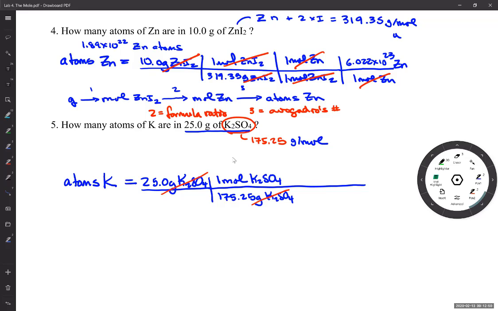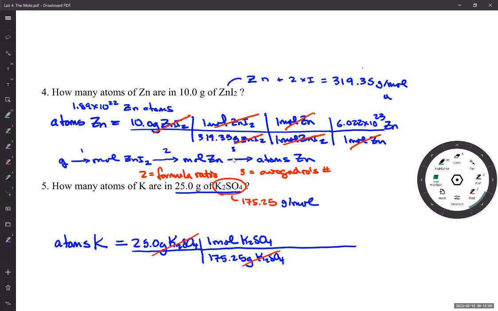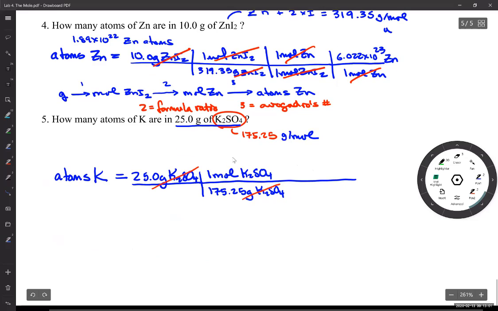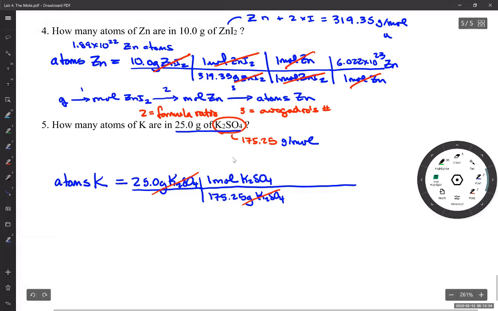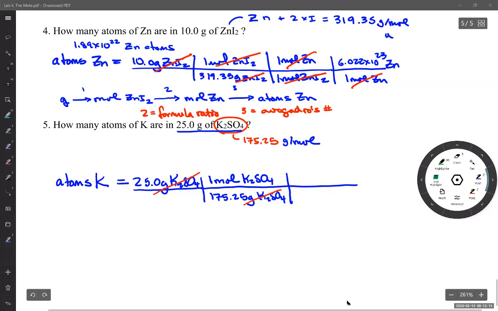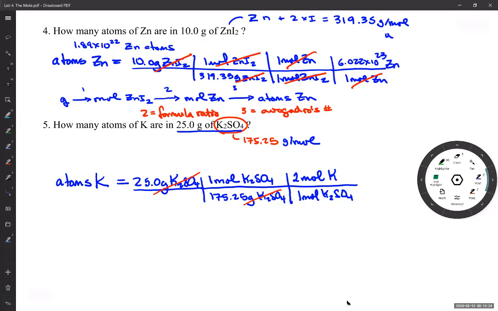The next step, I'm still following the pathway that's up here, but I just substituted potassium in there. I want moles of potassium now. So you look at the formula and ask how many potassiums are in there. There's 2, so it's 2 moles of K for every 1 mole of K2SO4, and that cancels out.